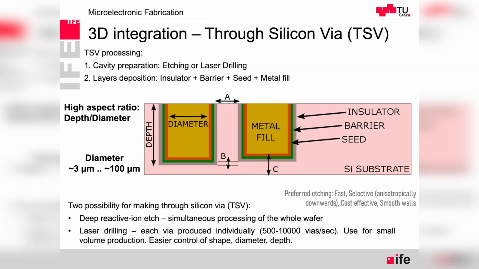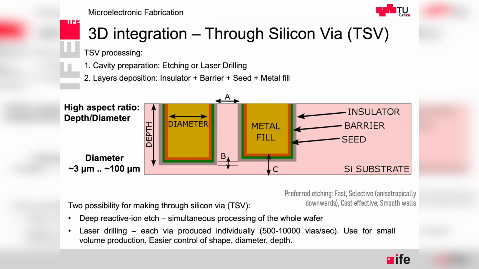Here I'm showing some additional topics related to TSV. So how this is made so that the metal is not migrating into the substrate. There has to be constant diameter, then it's filled with metal, and in order for the metal not to migrate into the substrate, there is the barrier, that's the green layer.